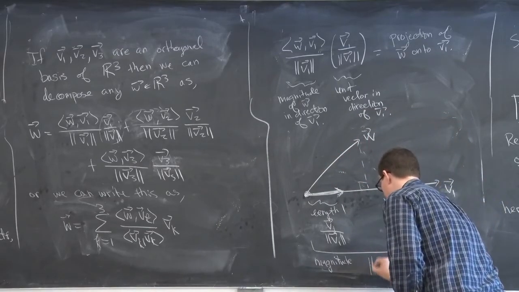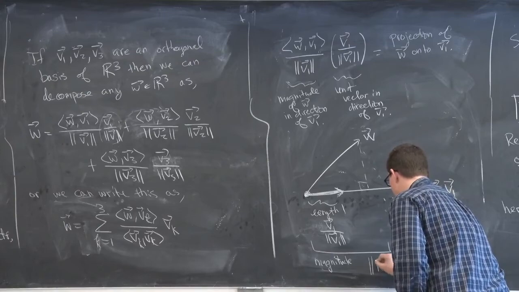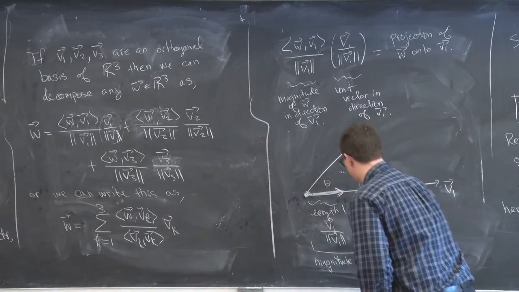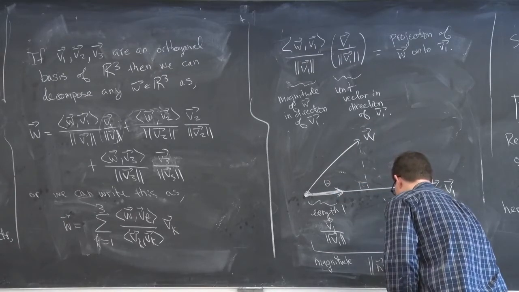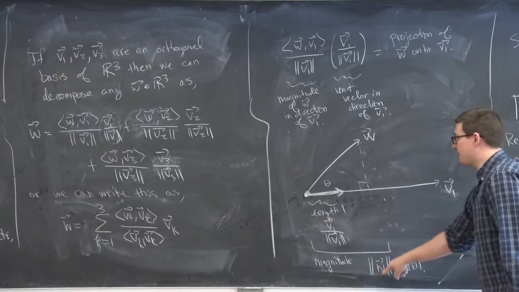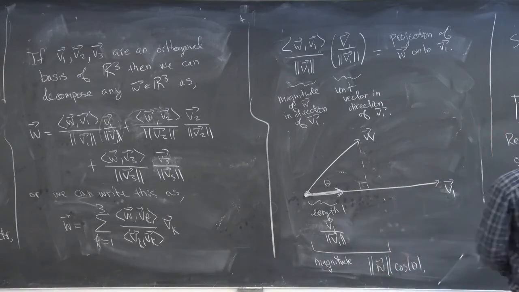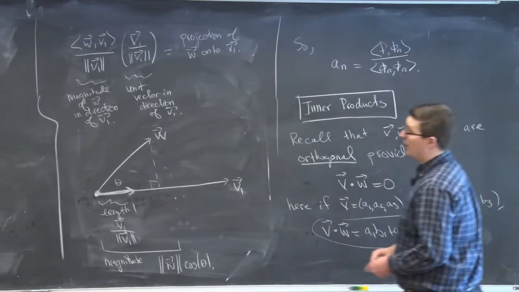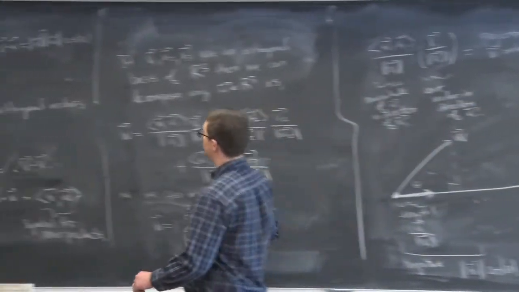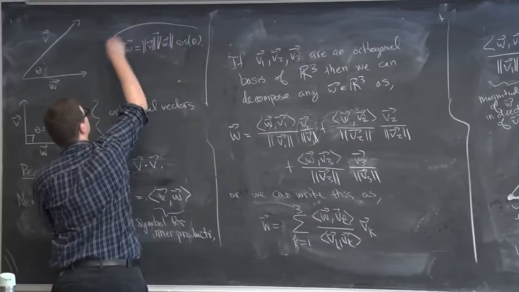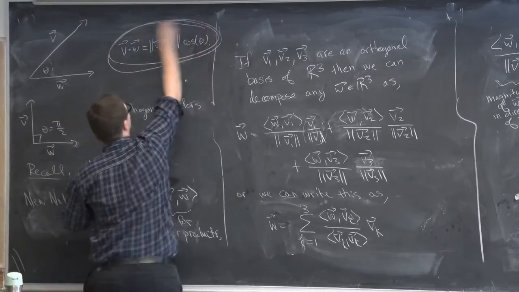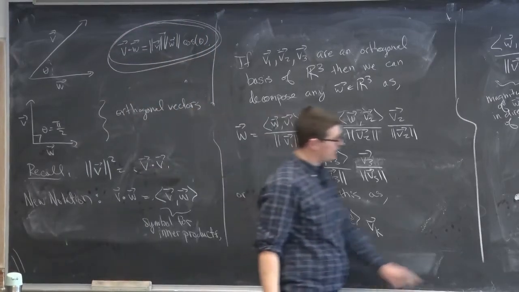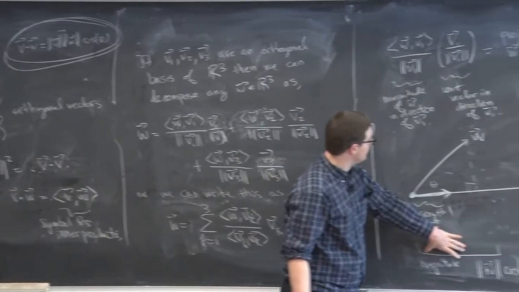It is the norm of W, if this is theta, times cosine of theta. The fact that this length is this can be gotten from this formula here. So that's what tells you this, and that's this length here.